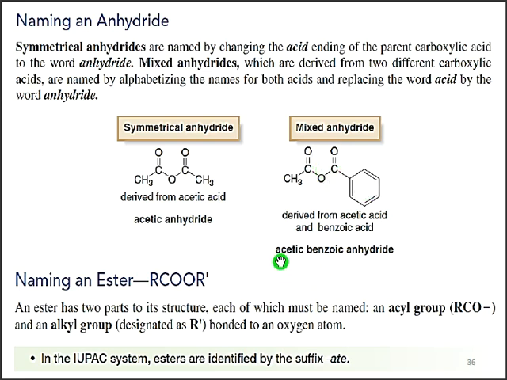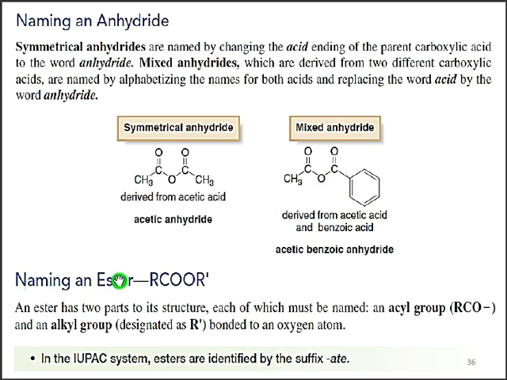For this reason, it will be acetic benzoic anhydride. Acetic benzoic, A and then B, alphabetically, okay? Acetic benzoic anhydride, not benzoic acetic anhydride. In this case, you know the name for the anhydride is not a symmetrical structure.